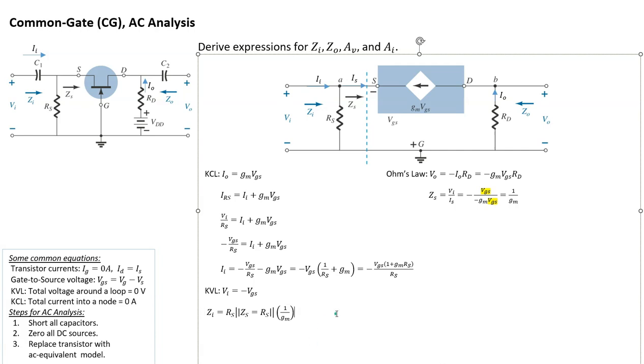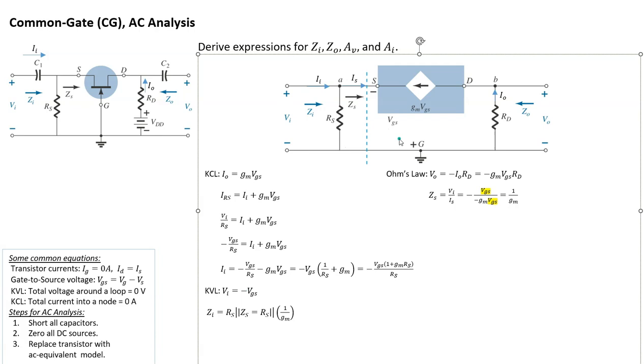Okay, now let's have a look at ZO. I'm just going to put it over here. As always, whenever we do ZO, we need to zero VI, right? We need to zero the input source. So when VI equals 0, if you look at our equation for VI here, that means VGS is also 0 because they share the same node.